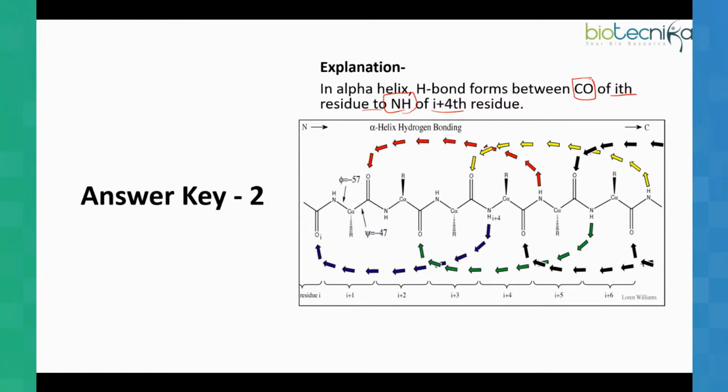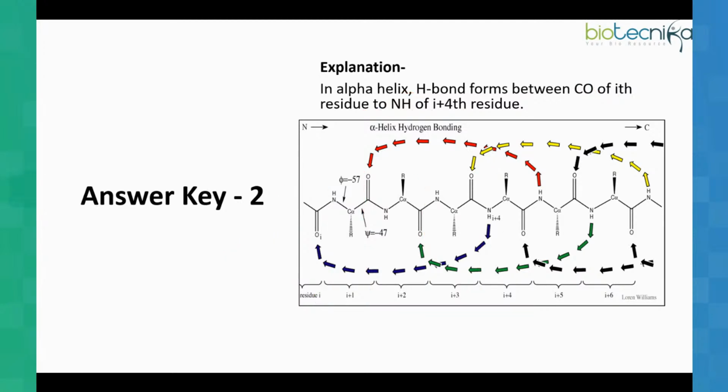Okay, so let's say this is our first amino acid, which is called the ith residue or nth residue. We don't know if this is the first amino acid of the alpha helix, so we cannot give it a number such as 1, 2, 3, 4. That's why we write ith, then I plus 1, I plus 2, I plus 3, like that.